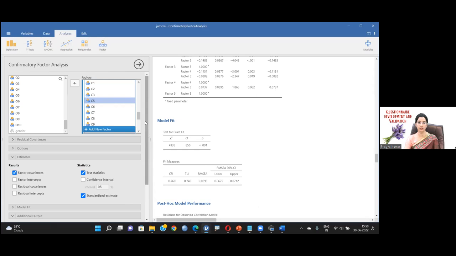So again, to repeat, in a confirmatory factor analysis, what we do is, now you are ready with your respective factors, and respective items in those factors. So you write it down on a piece of paper and then move those items into the respective factor. Right now, don't give any name to the factor, because naming a factor is also a very Herculean task.